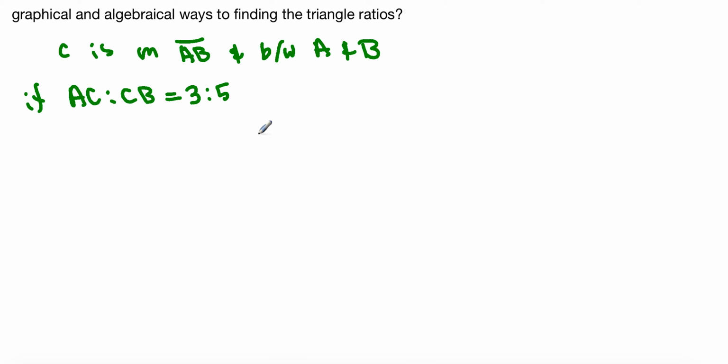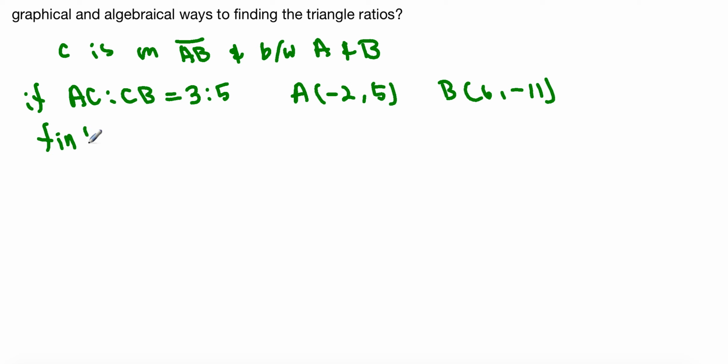Just randomly pick those two ratios, and then assume that point A is (-2, 5), and point B is equal to (6, -11), as an example. So now what we want to do is find C. What we can do is try this one graphically first.